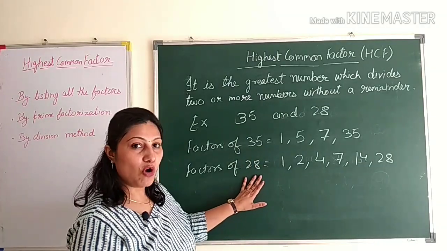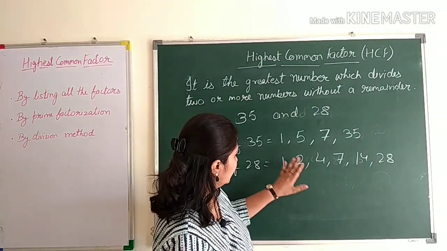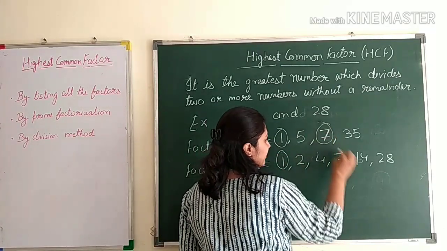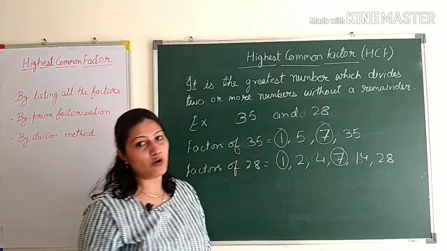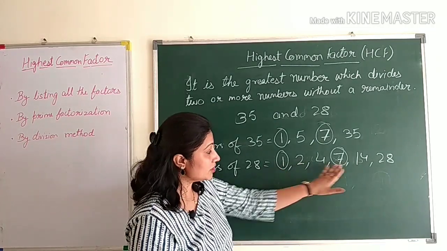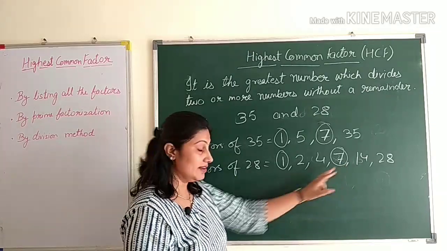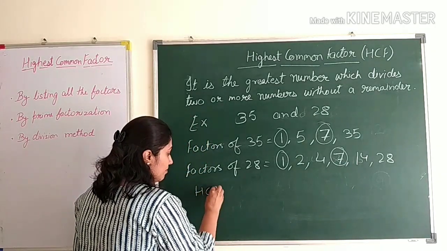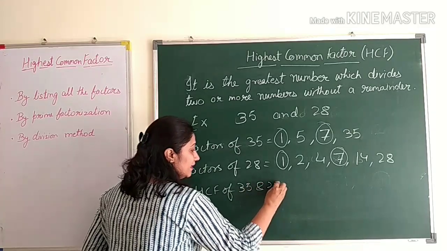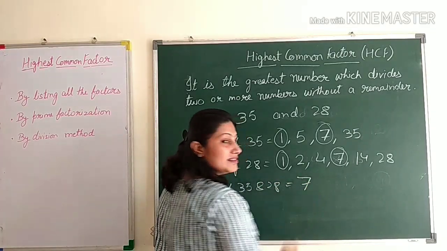We have to draw the common factors. So you can see the common factors are 1 and 7. These two numbers are common, but we have to find the highest common factor. So the highest number is 7. Yes. So the highest common factor of 35 and 28 is number 7.